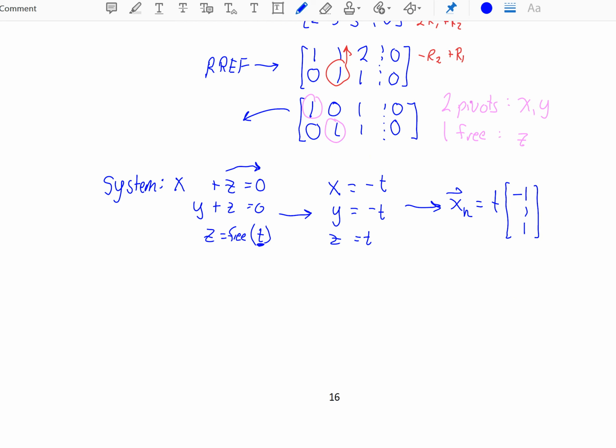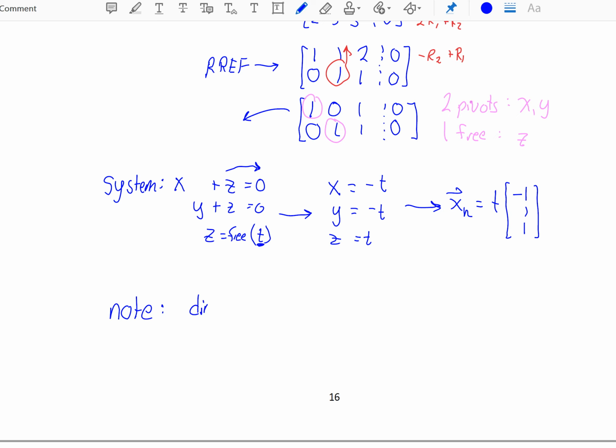And as a final note, just to mention our kernel theorem, this is a valuable tool to keep in mind. We should know from here that the dimension of the image of t, we said, is 2.